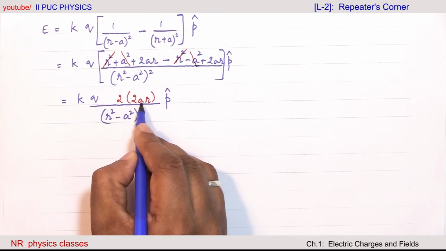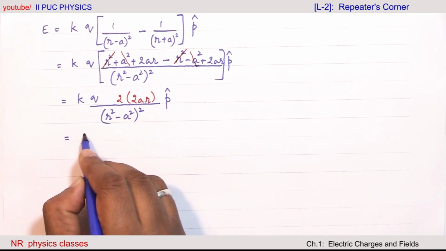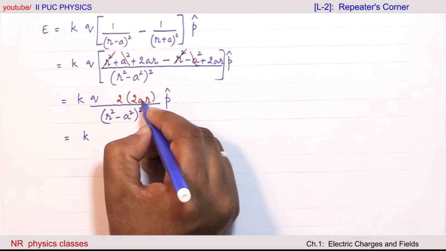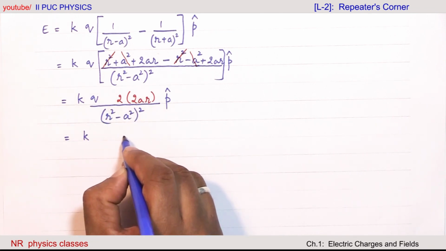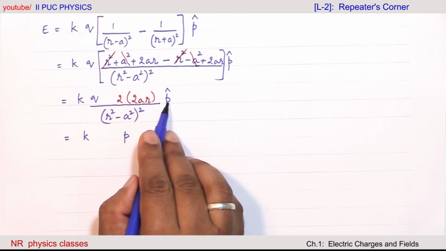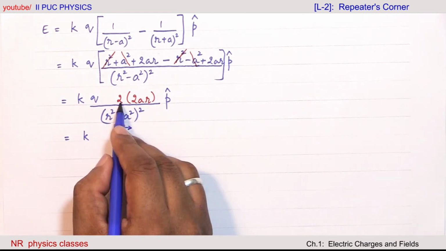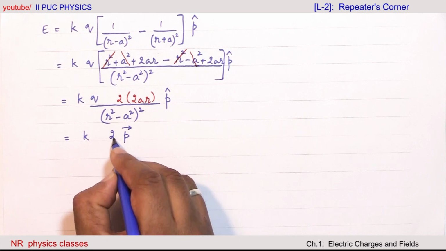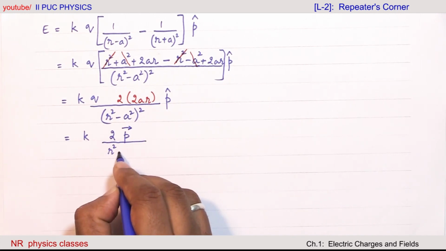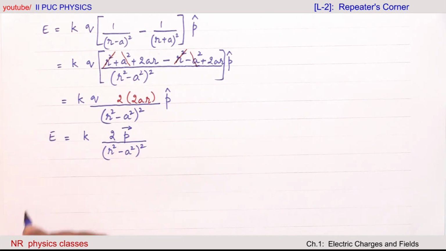Charge into 2A is P. Equal to constant, instead of 2A and Q I can write P, magnitude P. Q into 2A into P cap is vector P, into 2 divided by R square minus A square whole square. This is the resultant electric field.